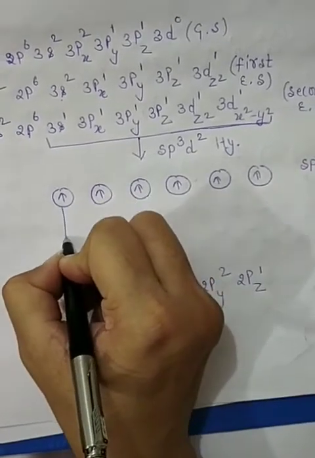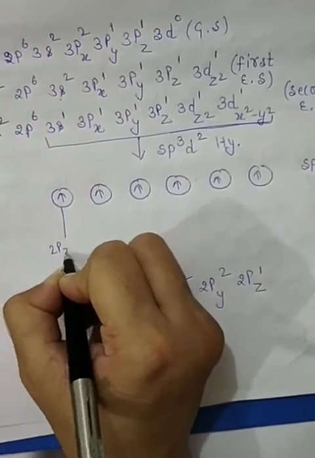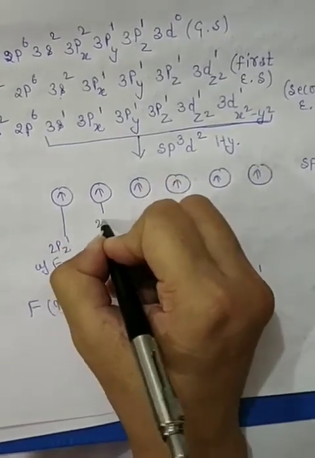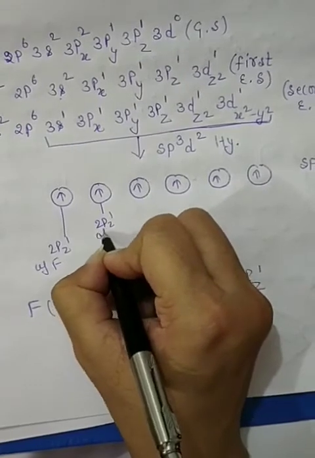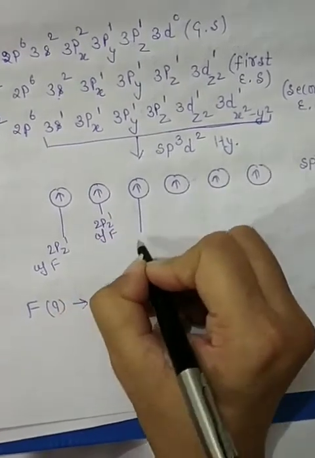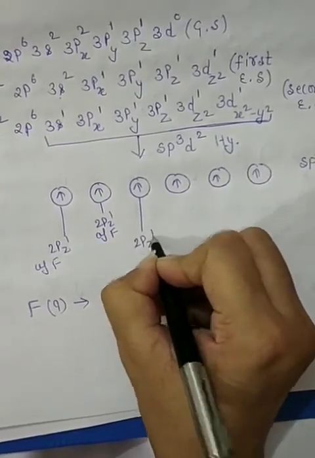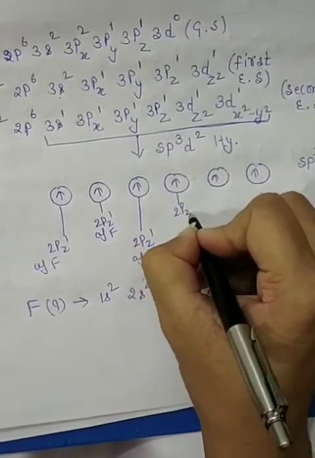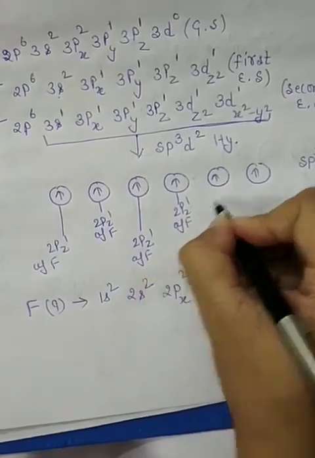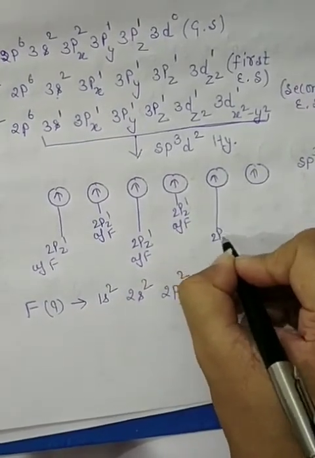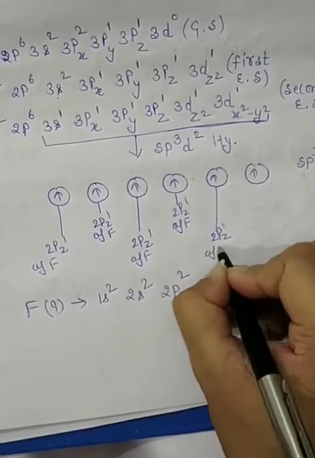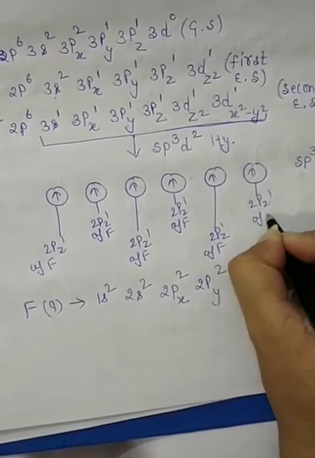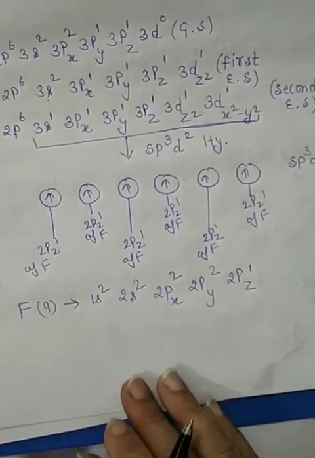So these overlap with 2pz of the first fluorine, 2pz of the second fluorine, 2pz of the third fluorine, 2pz of the fourth fluorine, 2pz of the fifth fluorine and 2pz of the sixth fluorine.